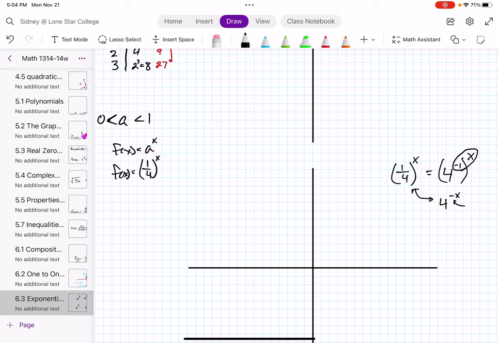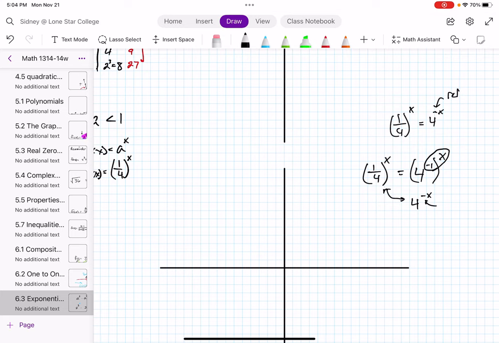Now, if we look at this, the negative x right there means that 1/4 to the power of x is equivalent to 4 to the negative x, but 4 to the negative x is the reflection over the y-axis. 4 to the power of negative x is simply a reflection of 4 to the power of x, which means 1/4 to the power of x is a reflection over the y-axis of 4 to the power of x.